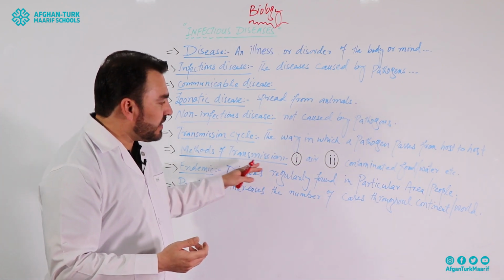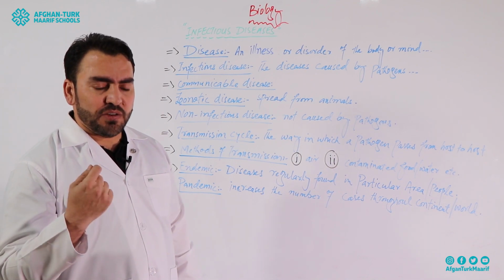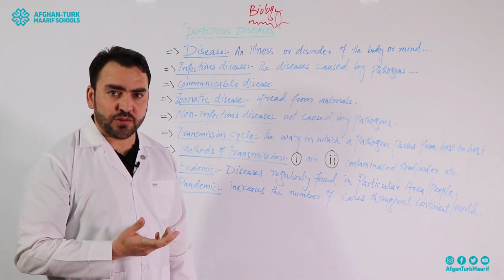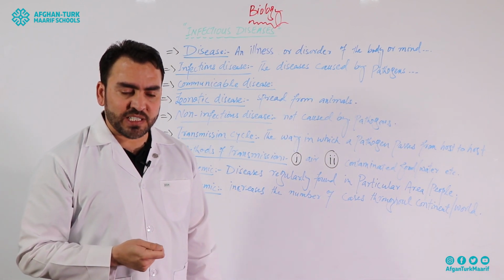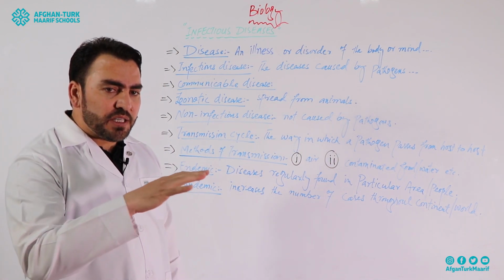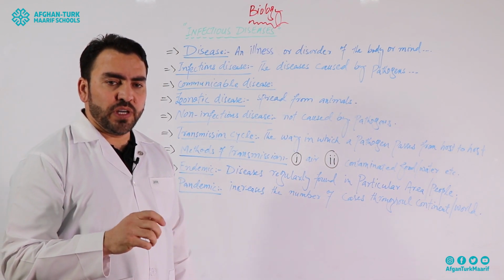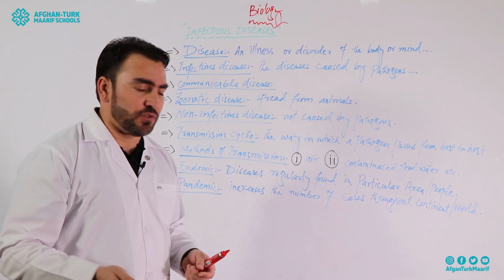There are certain ways for transmission. All the infectious diseases may be transmitted through air. They may be transmitted through contaminated water, for example. All these are the ways through which an infectious disease may be transmitted from one person to another person.